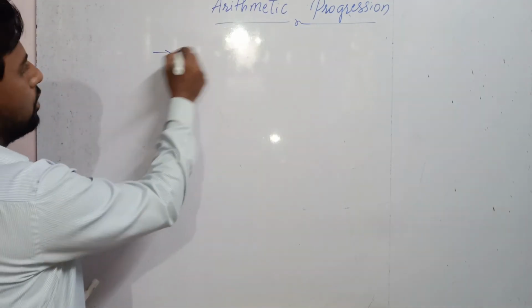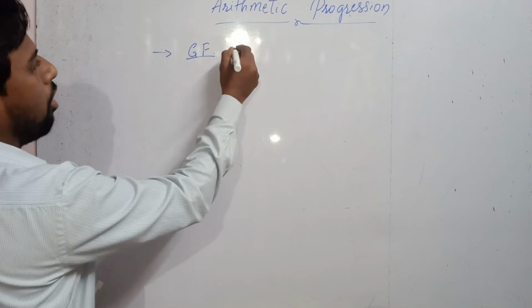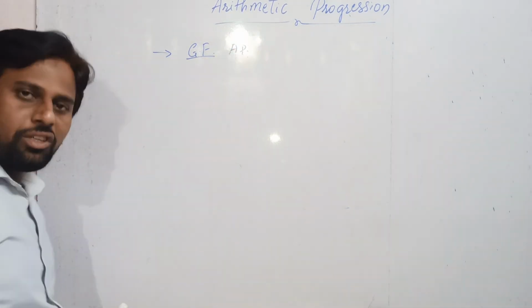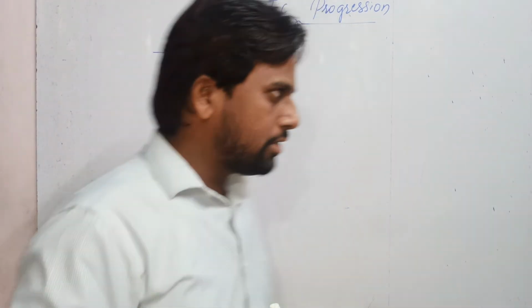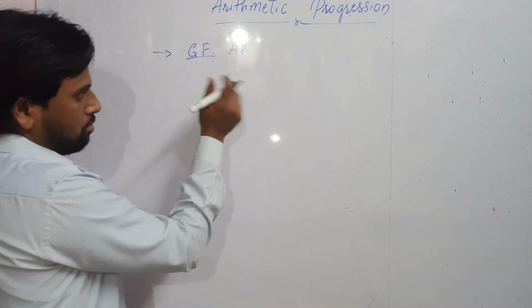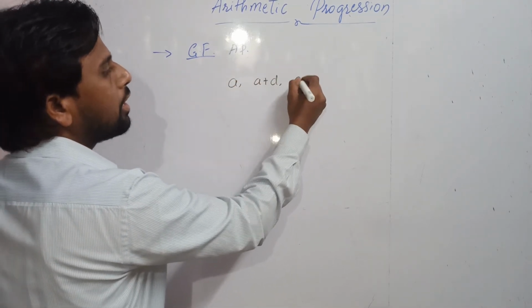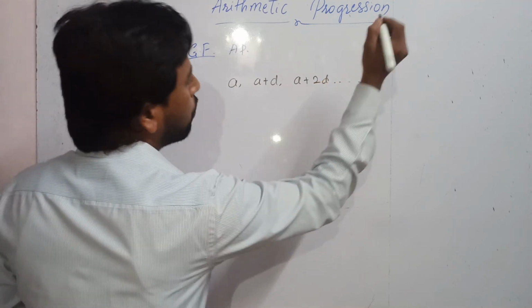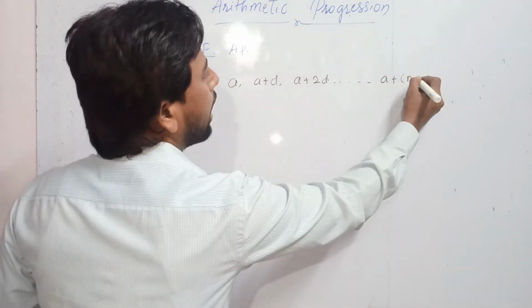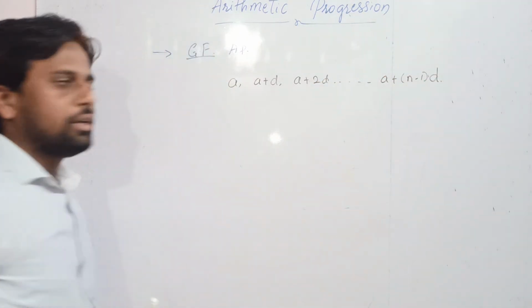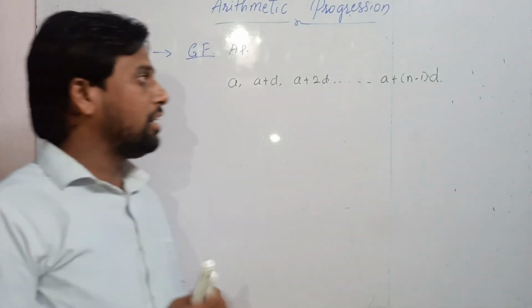As you already know the general form of AP. What is the general form of AP, students? As I already said in my previous part, it is a, a plus d, a plus 2d, and so on, a plus n minus 1 into d.